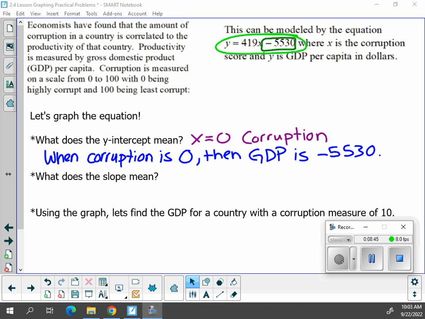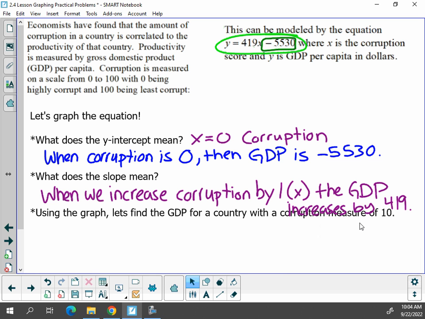Our slope is 419. X is corruption. Y is GDP. So we have a positive slope. So that means every time we change X by 1, so every time we add 1 corruption value, our GDP is going to go up by 419.